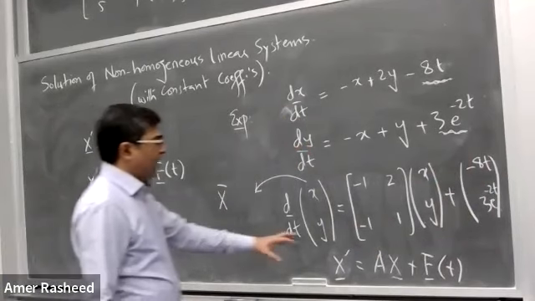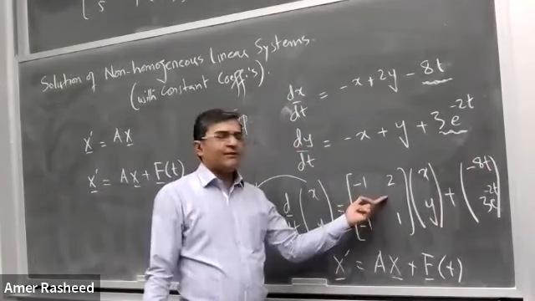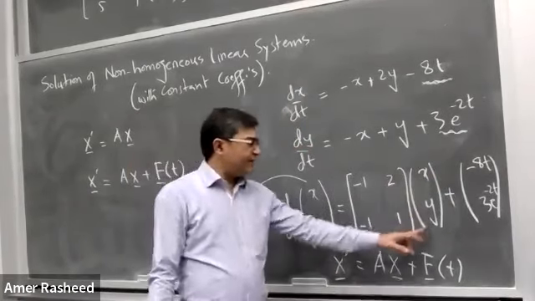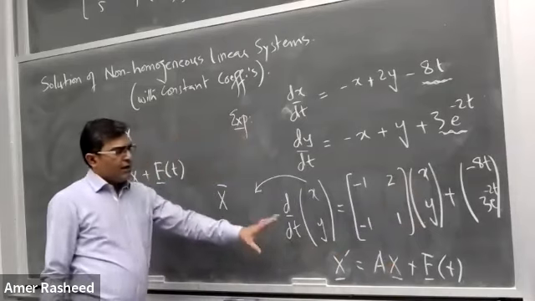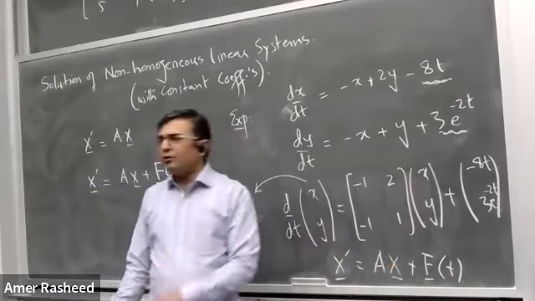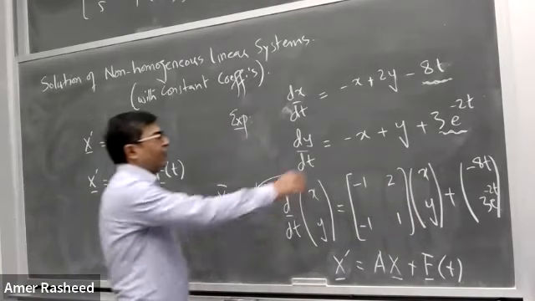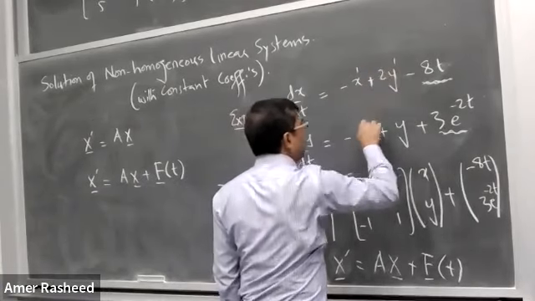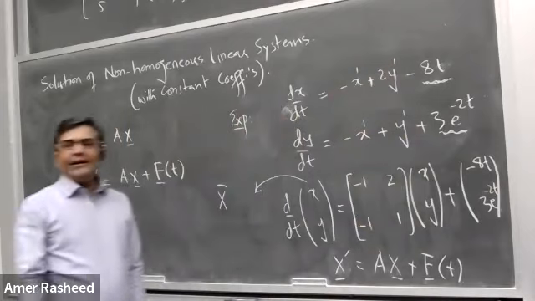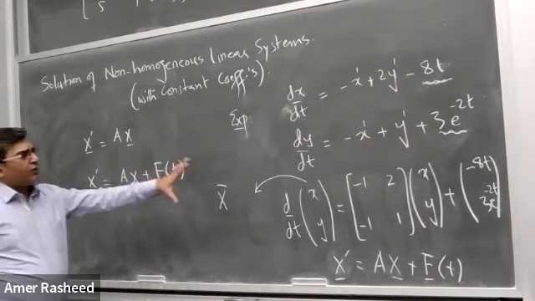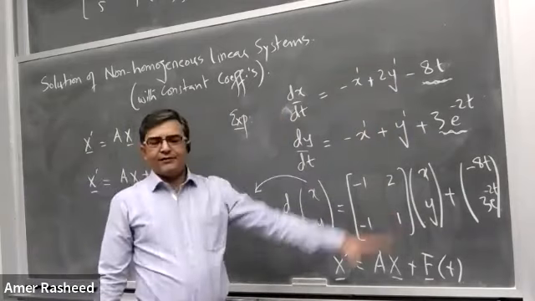Here we have a coefficient matrix which contains only constants, and this is again the x vector. It is obviously linear as well, because x and y are in linear form. So today we are going to discuss how to solve these kinds of systems.